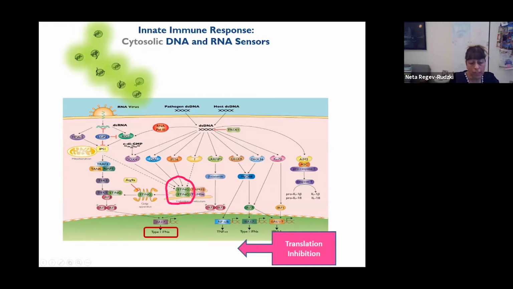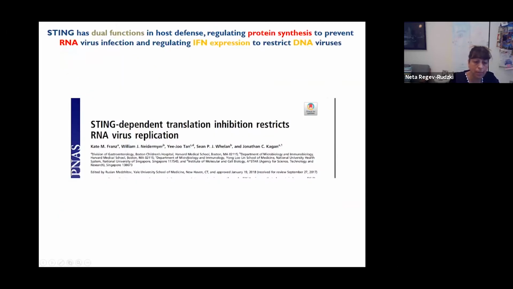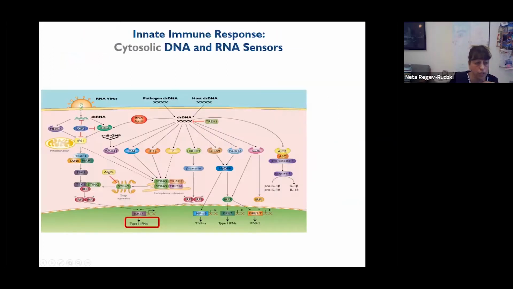So then we look in the literature if there are any other similar systems that combine these three elements, these three principles. And there was a paper that came out 2 years ago from Jonathan Kagan's lab. And what they showed there is that in the cases of RNA virus infection, that activates the RNA sensor RIG-I, and that leads to activation of STING.